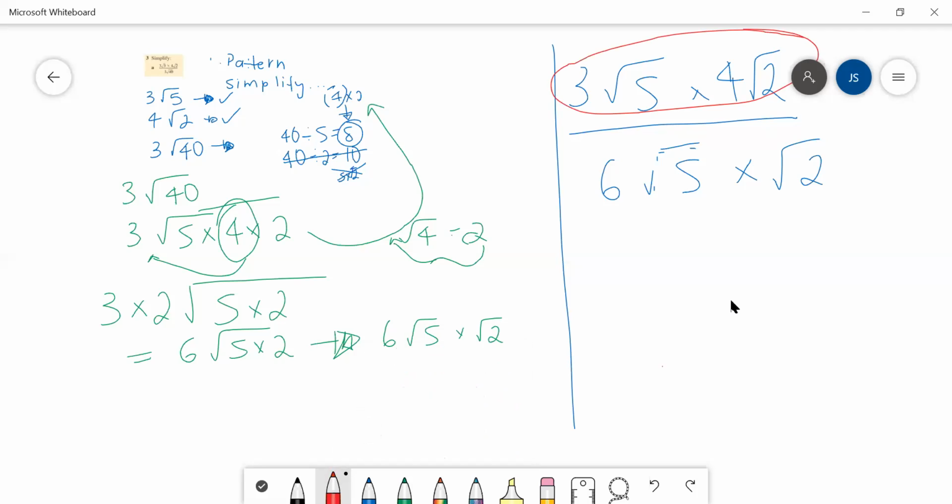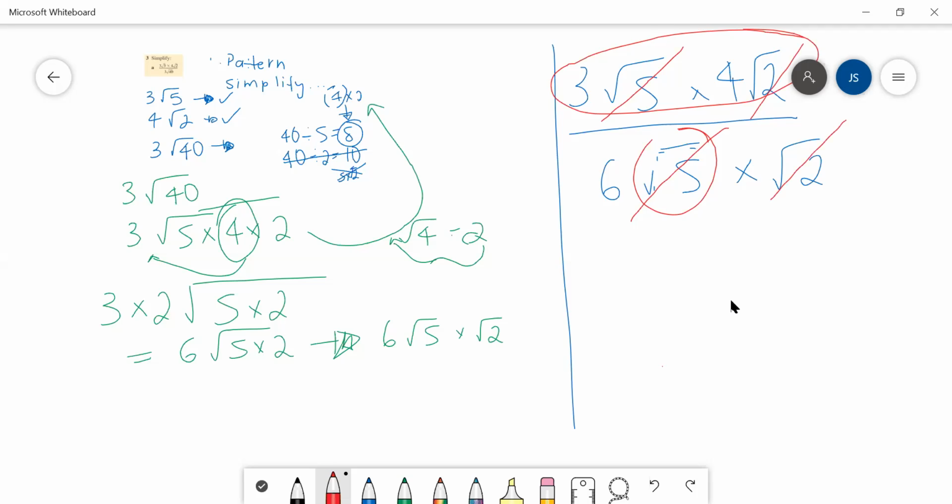So the square root of 5 on the top and bottom cancels out, and the square root of 2 on the top and bottom can also be cancelled out.